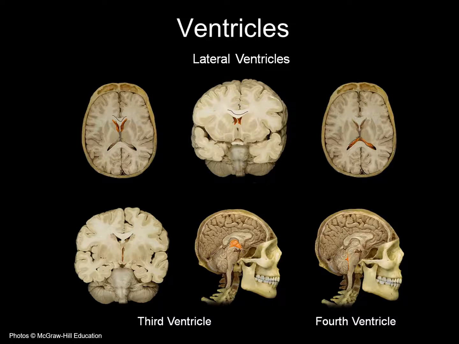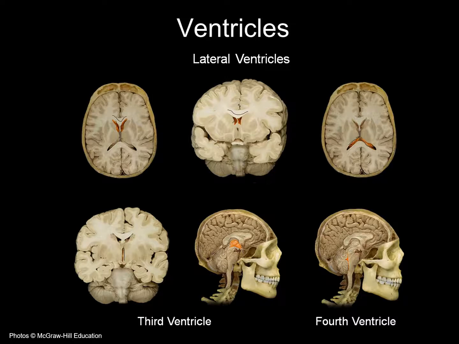We have the third ventricle in a coronal section. It basically looks like a little slit. In a lateral section, it's not going to be this entire area, but you'll see the space where that ventricle actually is during a dissection. And then the fourth ventricle is pretty small.